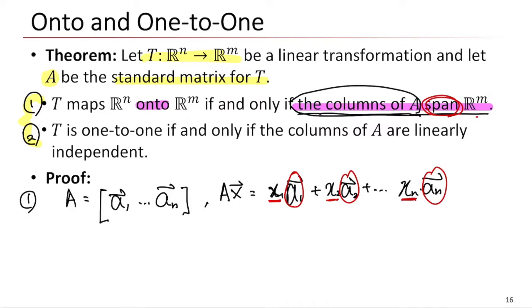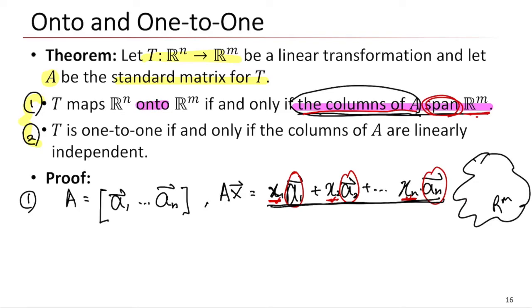Then when these coefficients make these column vectors of A span the Rm space, what makes that? For the arbitrary vector x, this column vector A can fill the whole point in the Rm space.